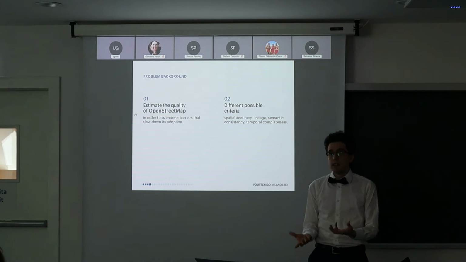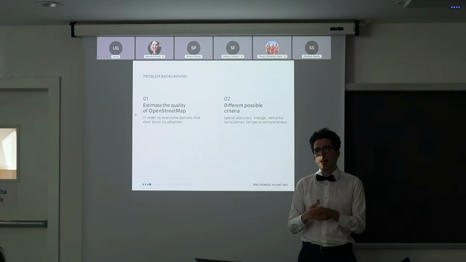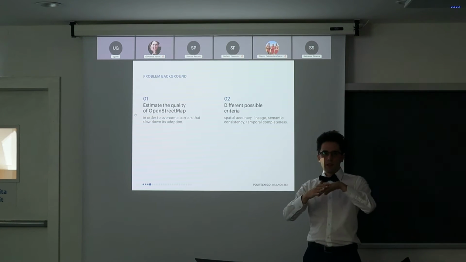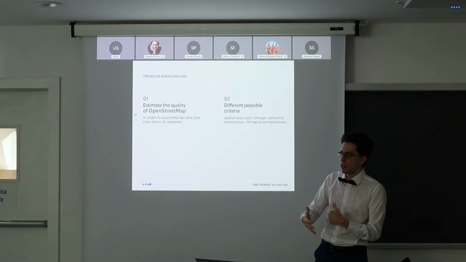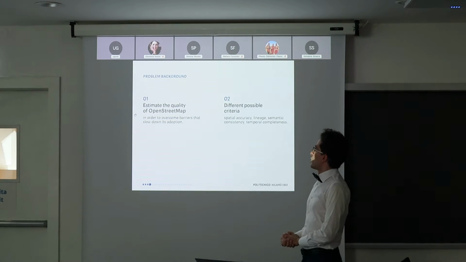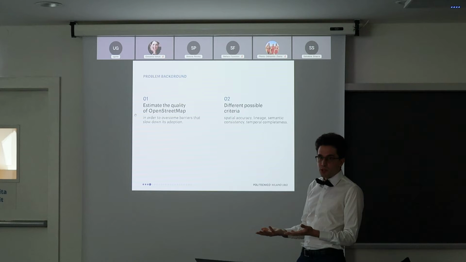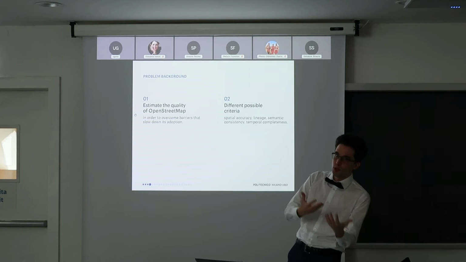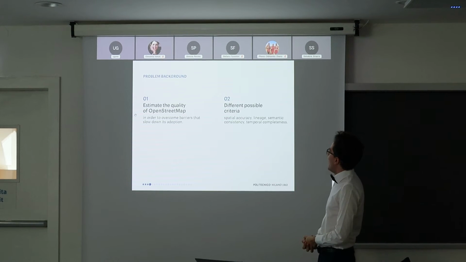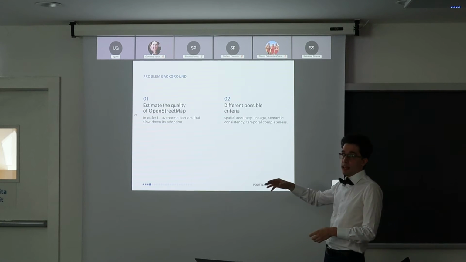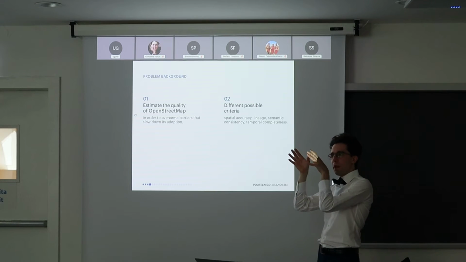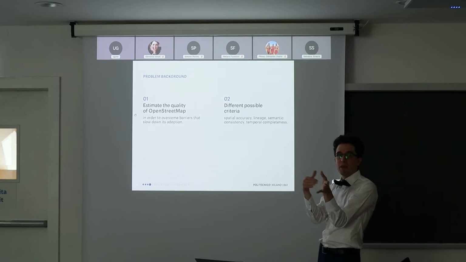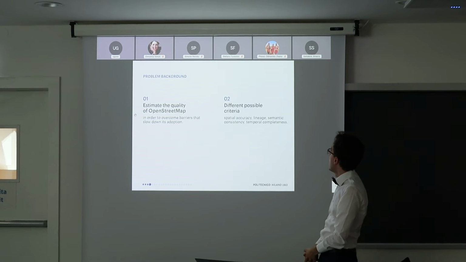What's the problem here is that it's crowdsourced, so we don't have a quality that is stable across all the areas and countries and such. So we want to estimate the quality, because if we don't have an idea about the quality, it's hard to use the data. But there are different possible criteria. We can think about spatial accuracy, so if a building has been placed correctly, or maybe within 10 meters, it's important to know that.